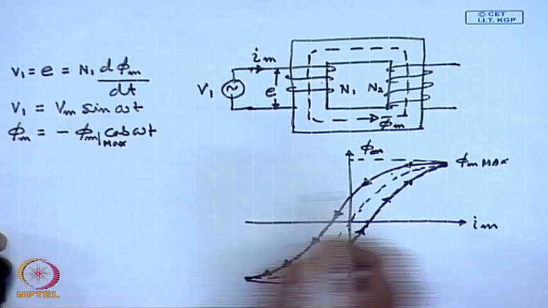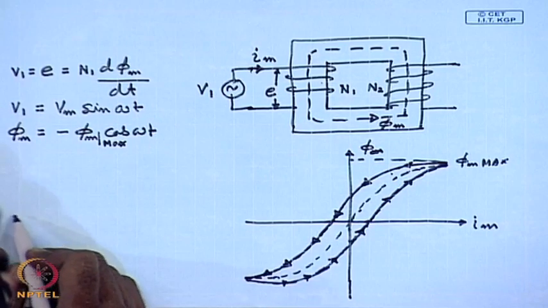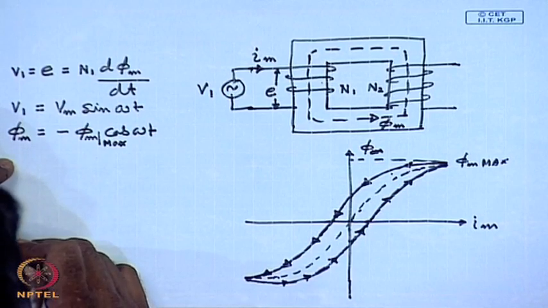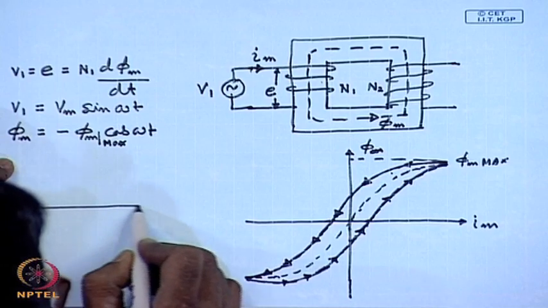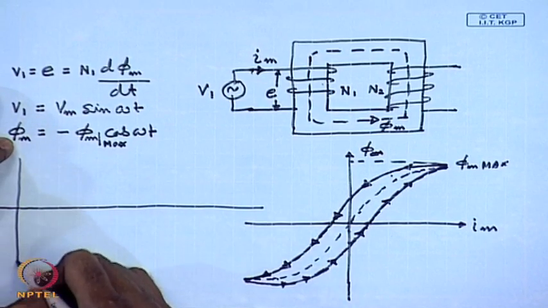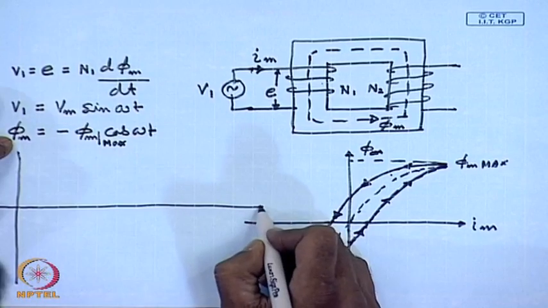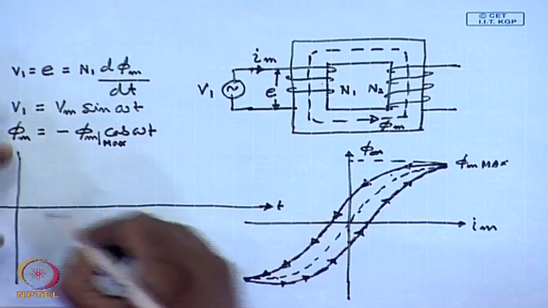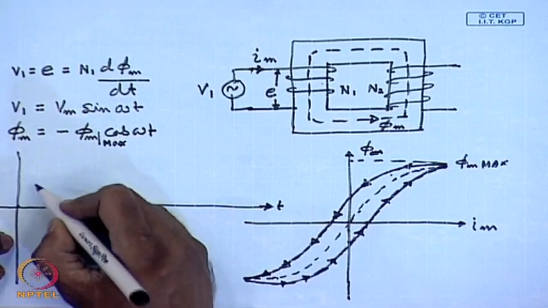This is the BH characteristics. For that, let us consider the time variation of phi m. This is the time scale.